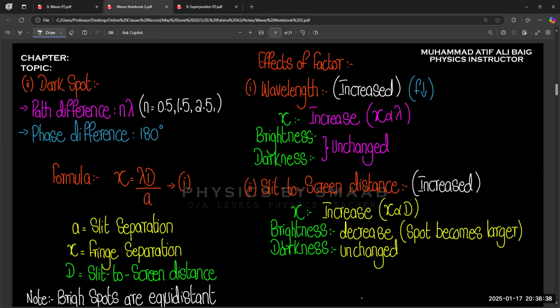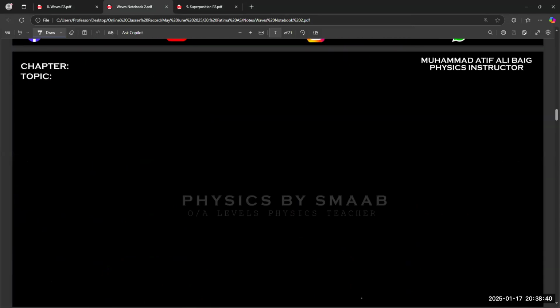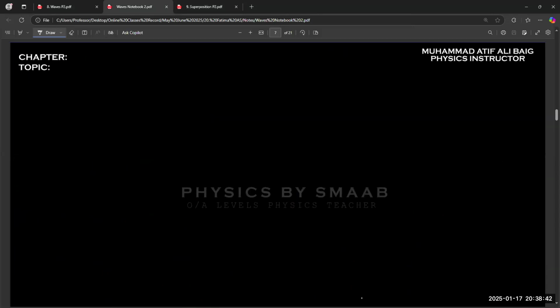Let's save this file. The next experiment is about diffraction grating. By name, we can identify it is also related to the diffraction process.